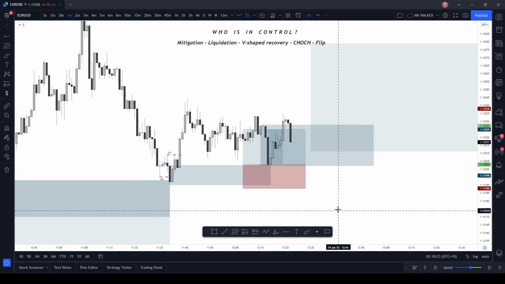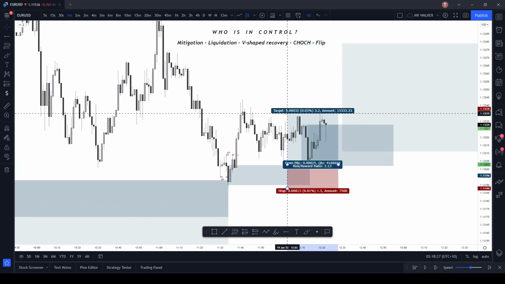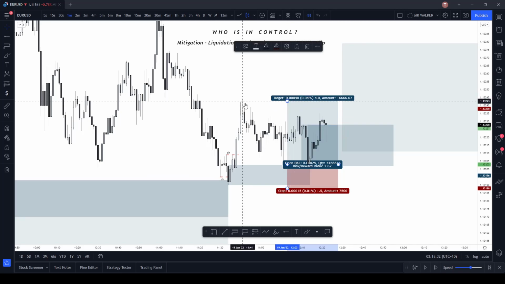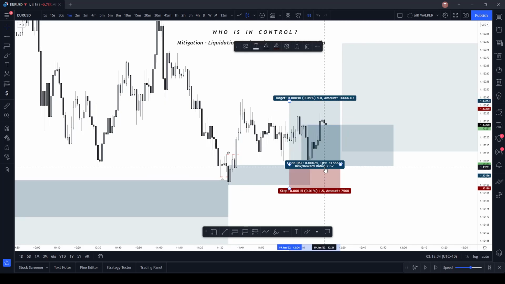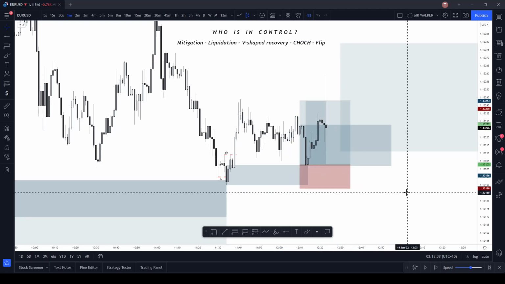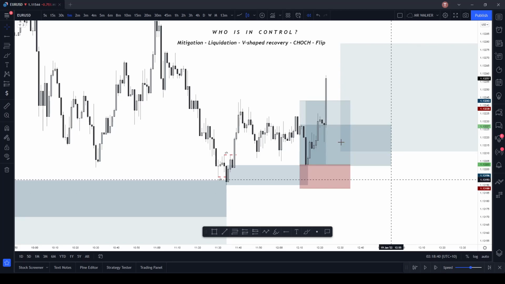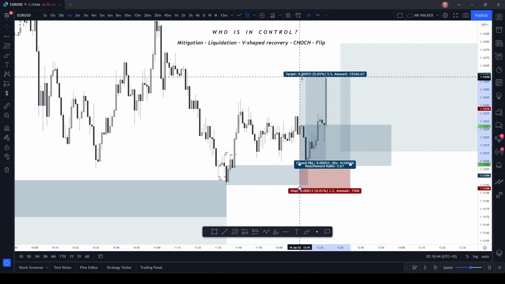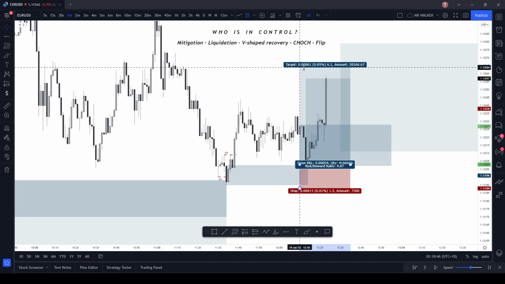Okay, so at 1 to 4 RR, so here pretty much at this high, I'm going risk free. So let's see. Okay, that's not 4. Oh wait, it was 4 pips. 4 RR is going to be here, right?